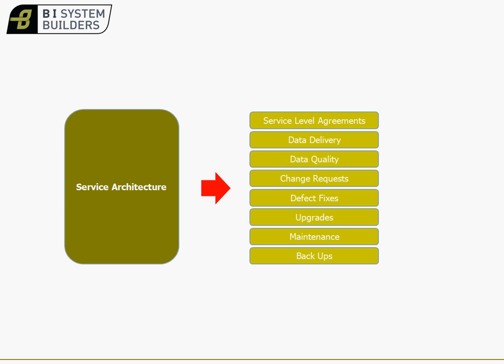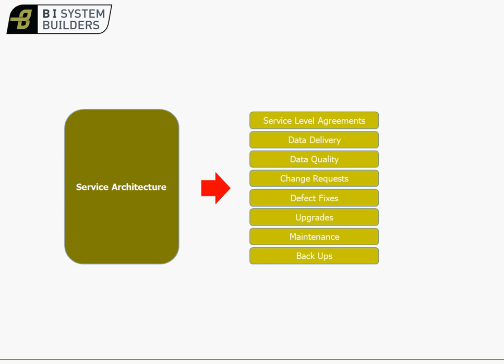So put service architecture into your solution architecture document, and it will force this discipline so that you're thinking through in a disciplined way each facet of how this solution architecture is going to be. Think about what will be the service level agreement for handling change requests, defect fixes.